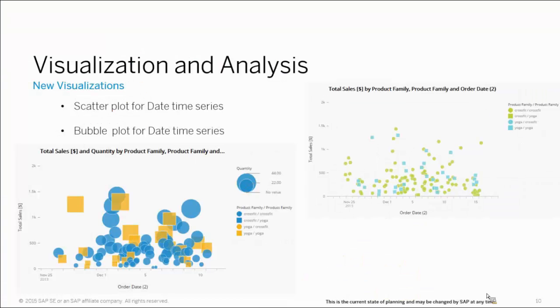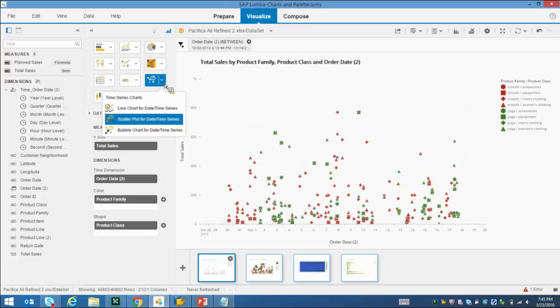So there are two new visualizations that have been added from the time series analysis perspective. You would be able to have the scatter plot for date time series and a bubble plot for date time series. With 1.30 you have the new section for time series charts where you can have a line chart or scatter plot or a bubble chart.